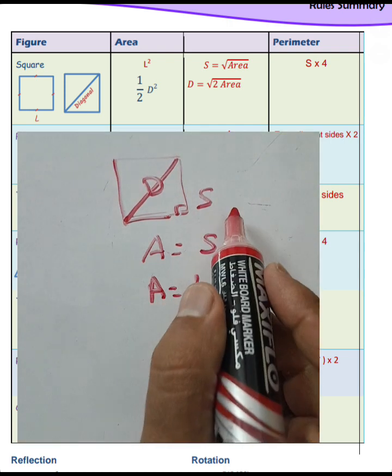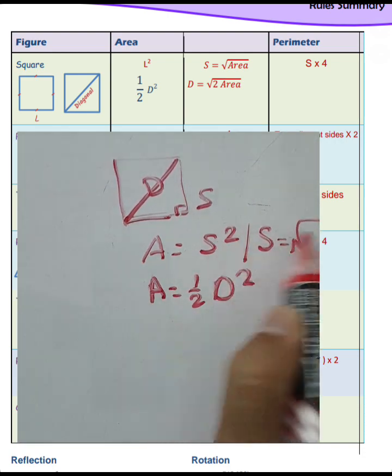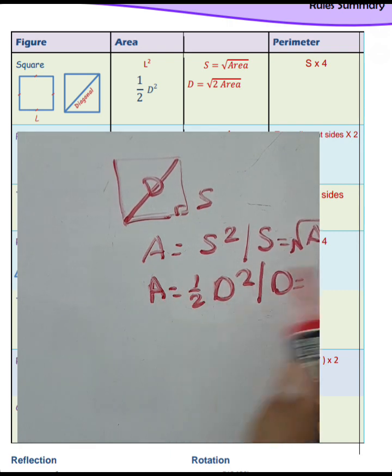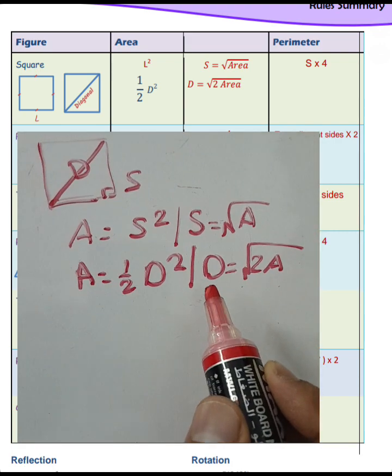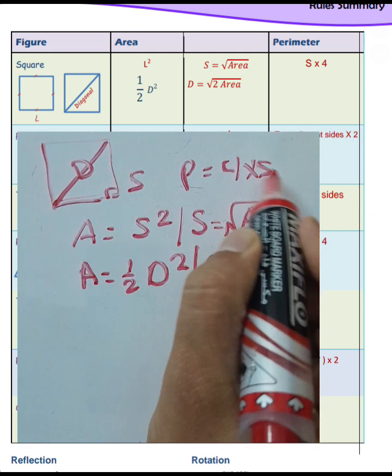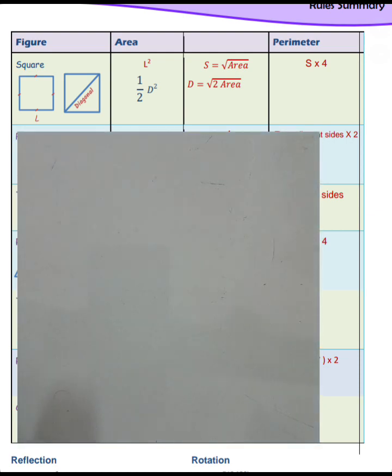To find the side, you take the square root of the area. To find the diagonal, you multiply the area by 2 and then take the square root of the result. The perimeter of a square equals 4 times the side.